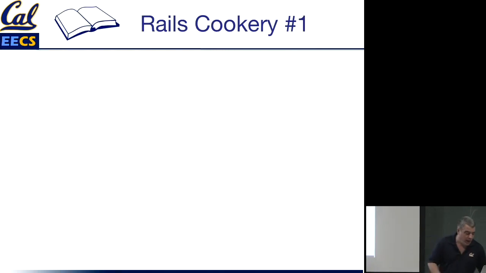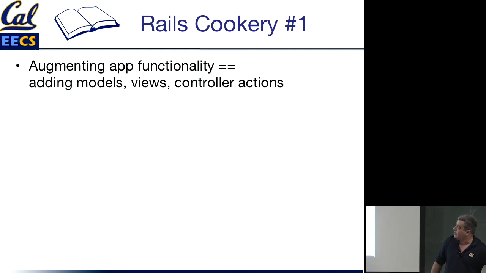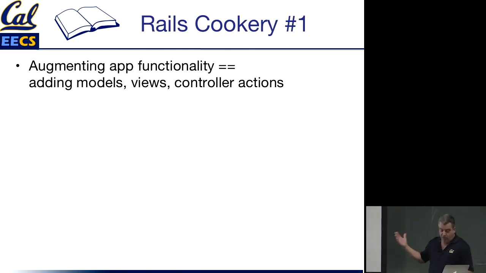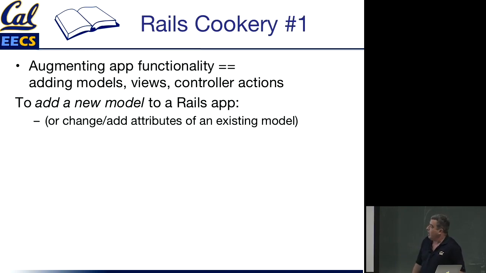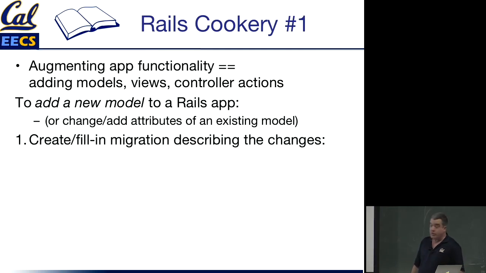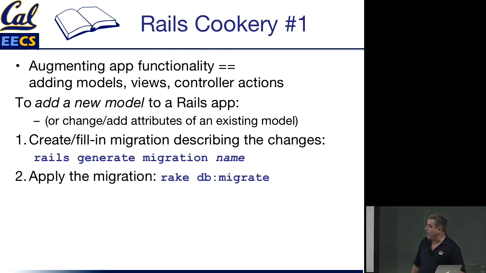So we could sort of wrap this up into what I'm going to call cookery, which is to add stuff to an app. Because Rails is model view controller, that means you're going to be adding or modifying those components. And starting with models, which is what we've been talking about for the past half hour, whether you want to add a new model or make a change to the attributes of an existing model, first of all, you create a migration that describes what those changes are, or if it's a new model, that describes what attributes you want it to have.